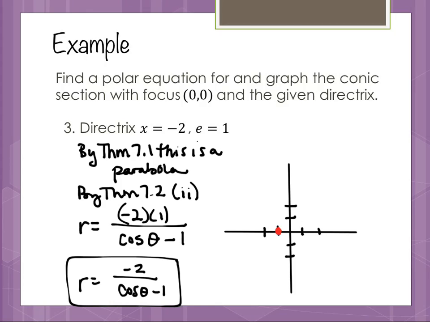Good. What about crossing the y-axis? Where's it going to cross? 0, 2, and 0, -2. So somewhere around 2 and -2, or maybe even exactly 2 and -2. And then we're going to connect these. Looks like this. This one's a fairly wide parabola, actually.